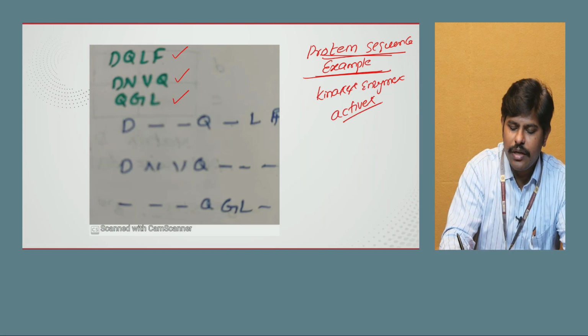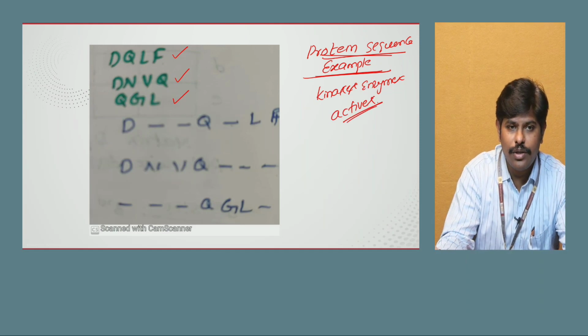I want to see whether I can do alignment using pairwise sequence alignment or not.